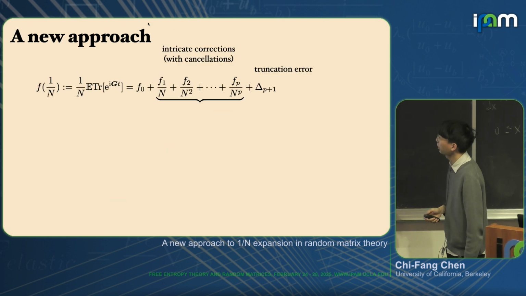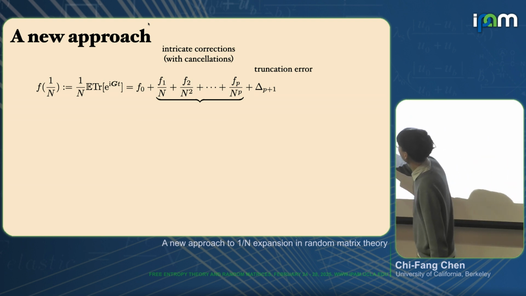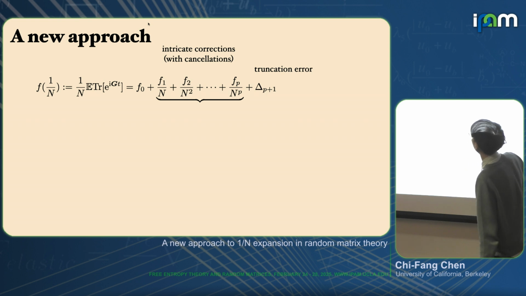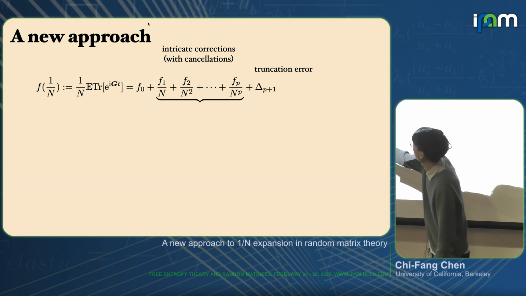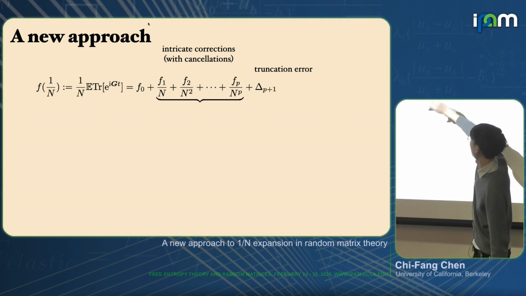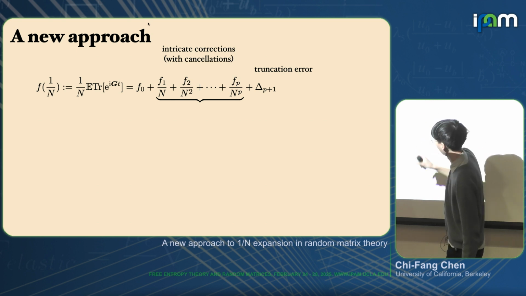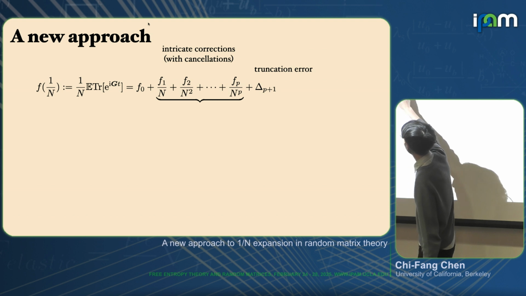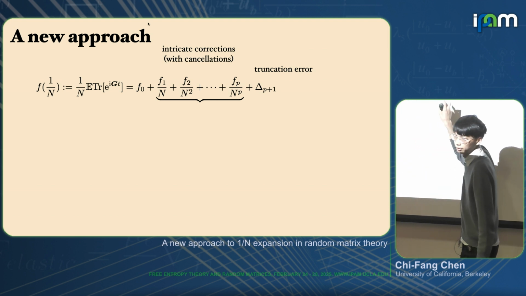So how does it actually work? Let's again visit this example with e to the iGT. I didn't choose such a good one because this is not exactly a polynomial, so you have to do some truncation, but temporarily pretend this is fine, and it will actually be fine. The interesting part is this series in 1 over n.